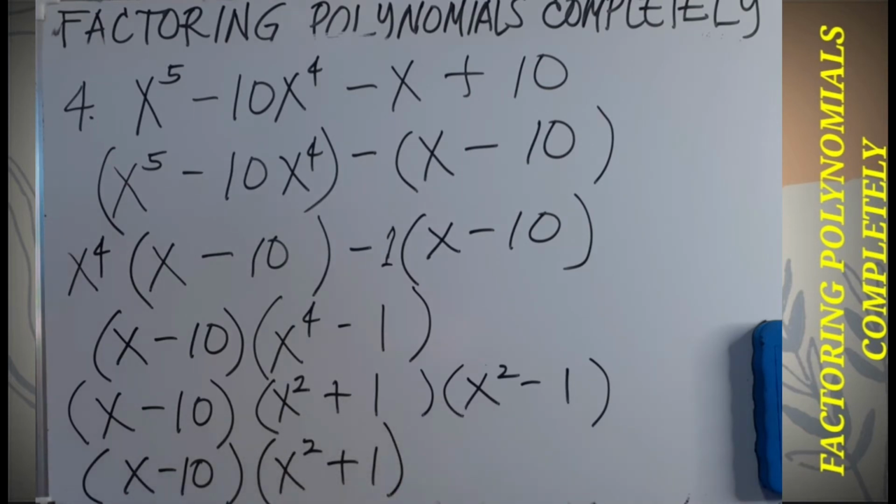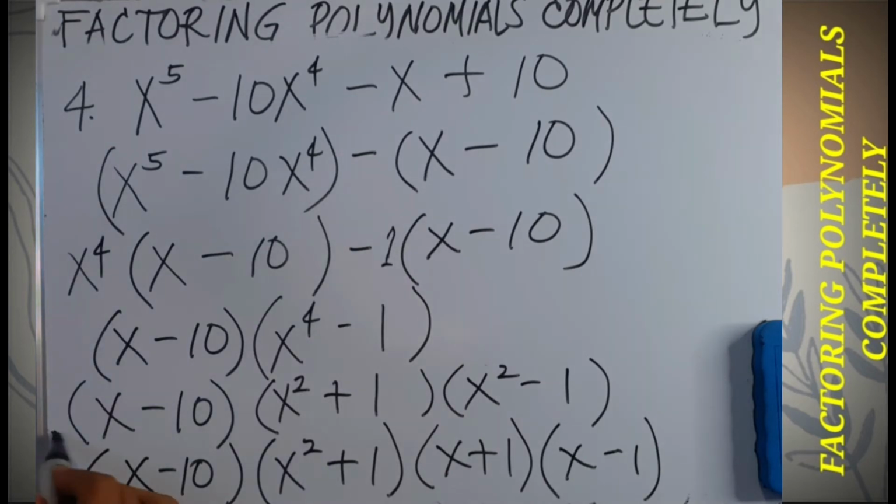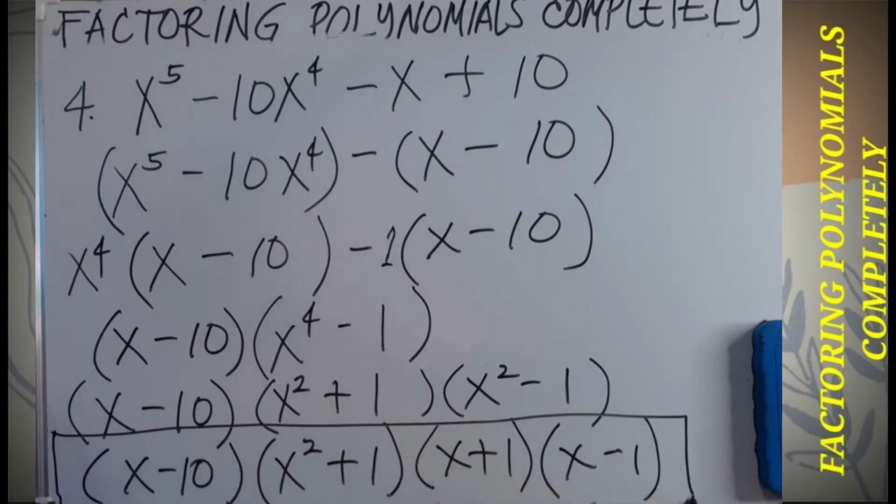X squared minus 1, again a difference of two squares, is factorable by x plus 1 and x minus 1. And these are now the factors of the given polynomial. These four are the factors of this number 4 polynomial.